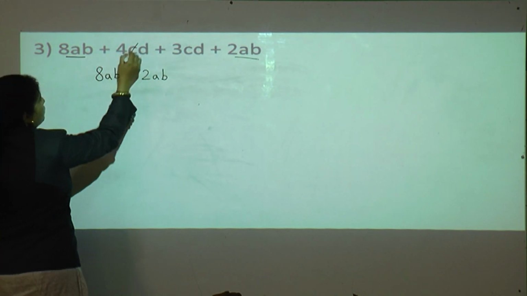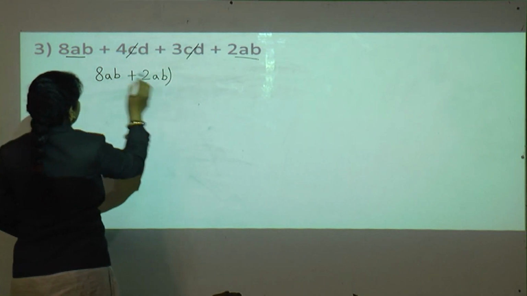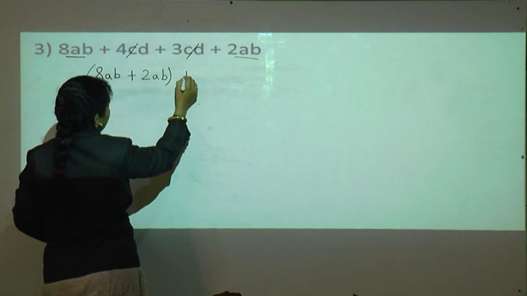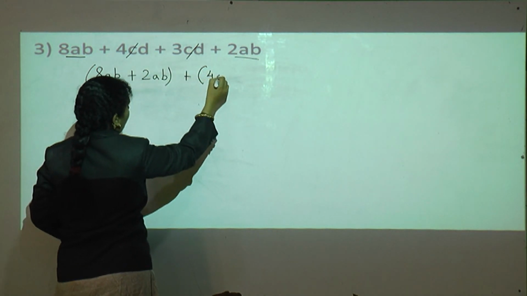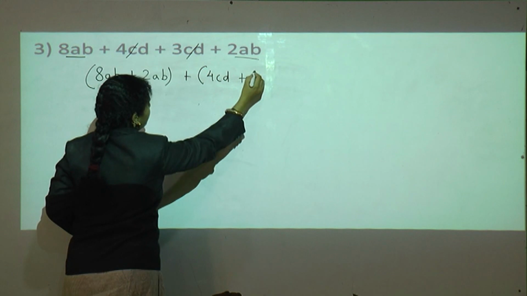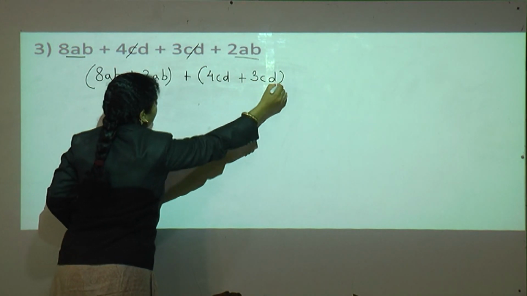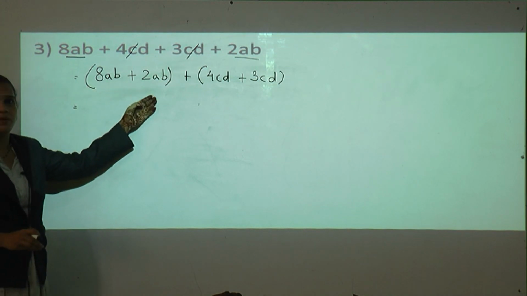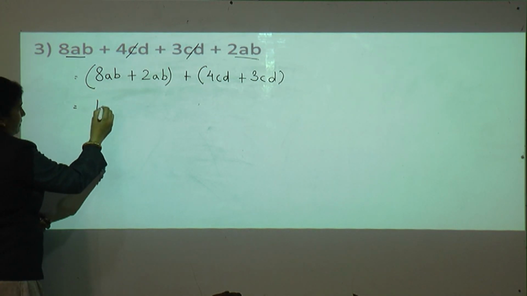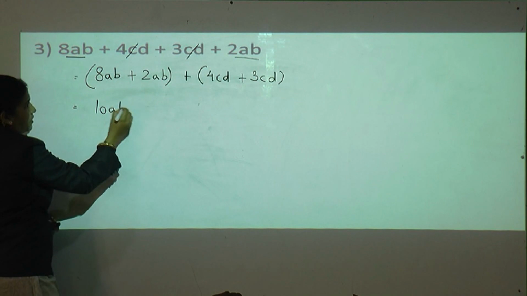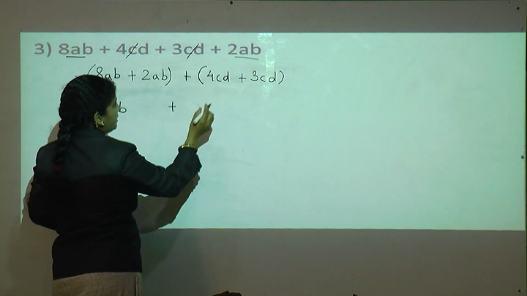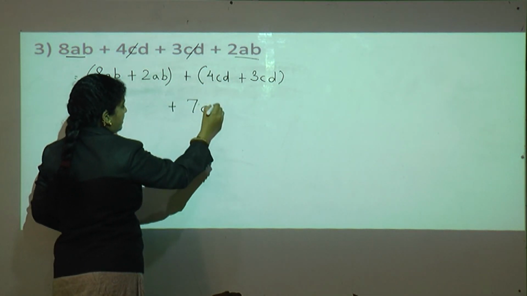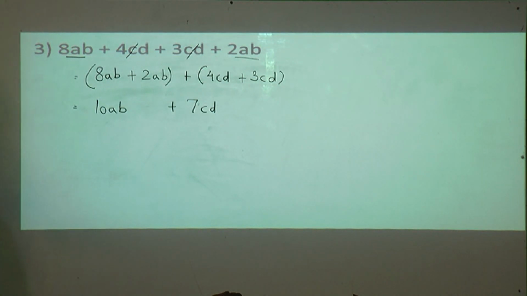Now remaining these 4cd and 3cd. So plus here and 4cd plus 3cd. Now students, 8ab plus 2ab, 10ab. Here 4cd plus 3cd, 7cd. So we will get the answer.